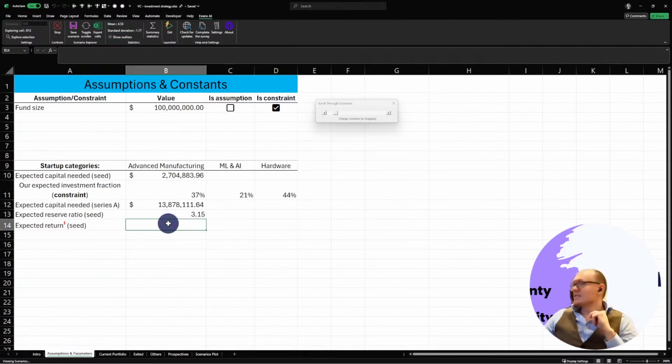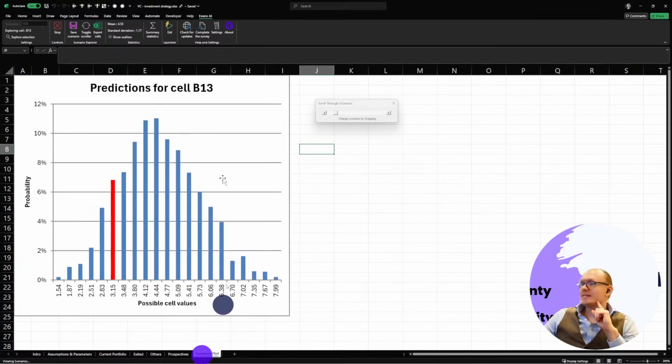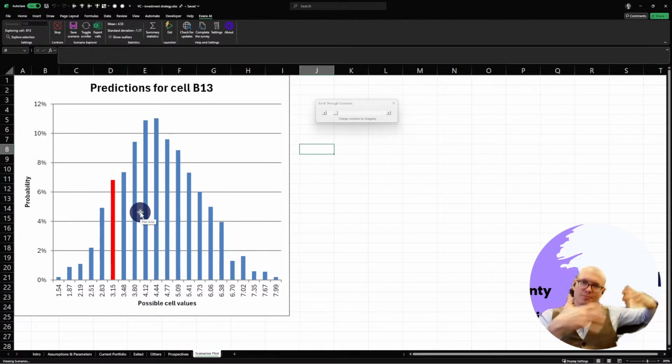But that's essentially the crux of this, right? So we've already gotten our first point. Now, of course, this is not particularly useful immediately because we want to be able to use this to make calculations downstream.